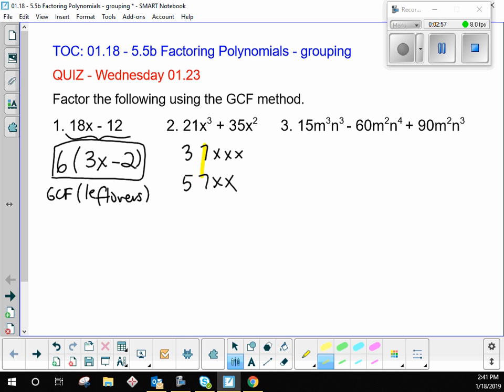They have a 7 in common, and they have 2 x's. And so then putting those back together, multiplying them back, your GCF is 7x squared. That's the most things that they have in common, the greatest. And then the leftovers go in parentheses. What's left over in the first term? 3x. And in the second term, 5.